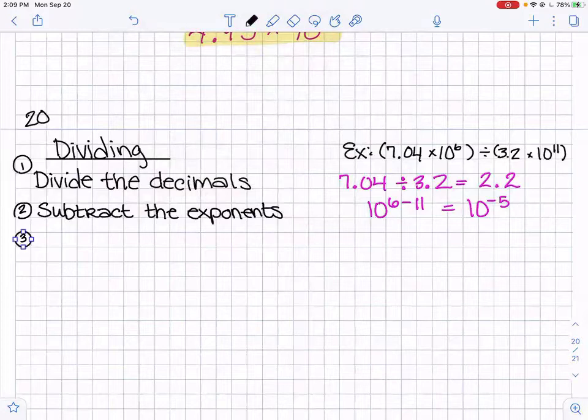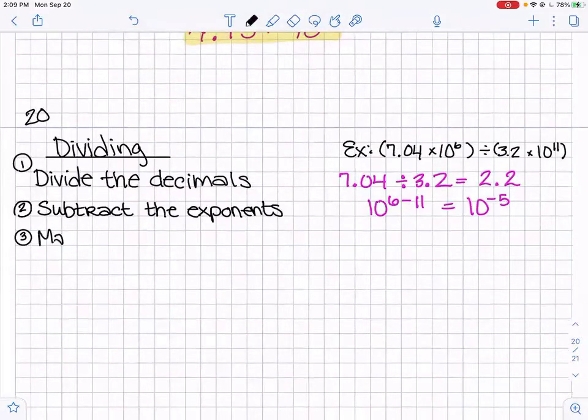Okay. What was the last step for multiplying? You make sure your answer is in the proper scientific notation. That is the last step for dividing as well.